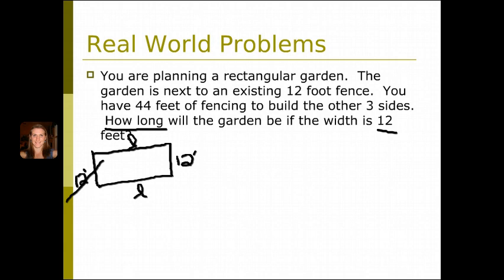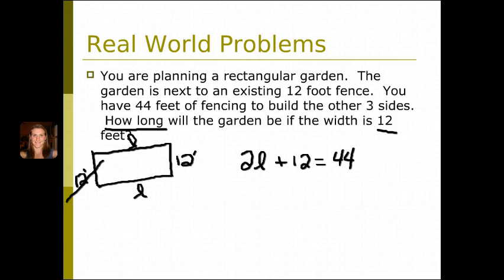So if we say L plus L, we get 2L plus 12 equals 44. So our two lengths plus the 12 feet that it's going to be in width is going to equal our total amount of fencing that we have of 44 feet.